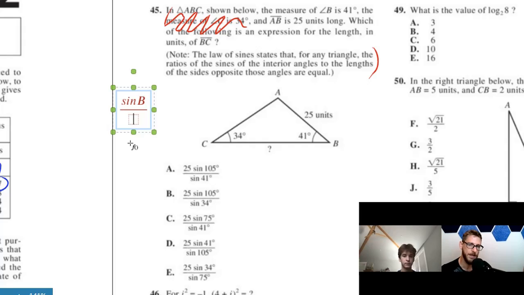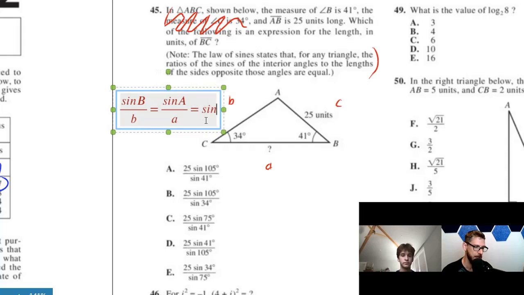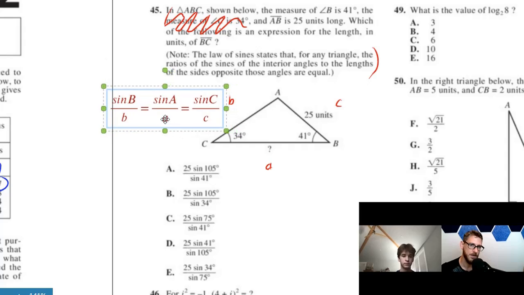If we call this side over here side B, and call this side A, and call this side C, then we could say sine of B over B. The ratio of the sine of the interior angle to the length of the side opposite those angles are equal. So that is equal to the sine of A over A, which is also equal to the sine of C over C. So that's the law of sines.